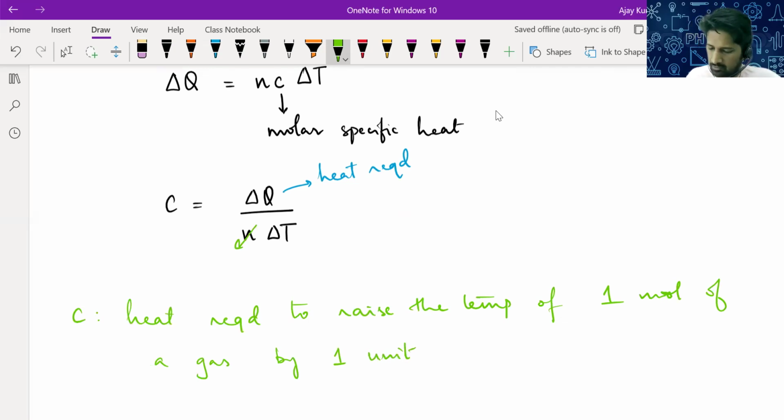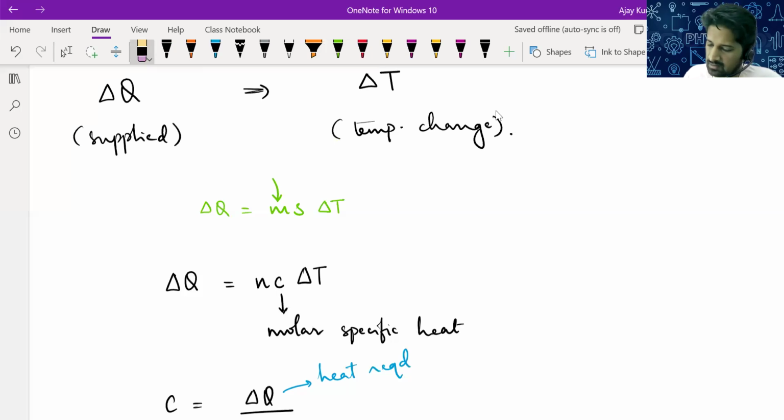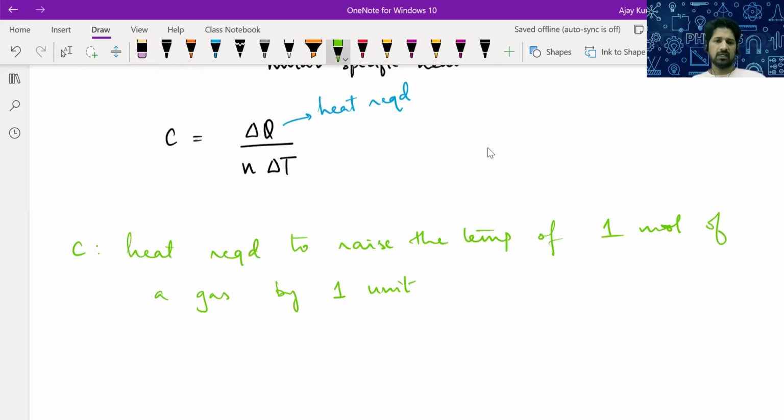When number of moles is 1 and temperature change is 1 unit, C becomes equal to delta Q. So the definition is analogous to the definition of mass specific heat s. What is mass specific heat s? It is the heat required to raise the temperature of unit mass by 1 unit temperature change. So when it comes to gases, we use molar specific heat, the heat required to raise the temperature of 1 mole by 1 unit.